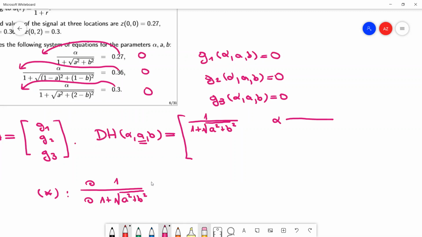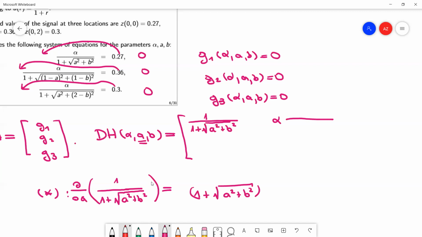So the partial derivative with respect to a of this function. So it's in fact 1 plus the square root of a squared plus b squared to the power of minus 2, because this is 1 plus the square root of a squared plus b squared to the power of minus 1.